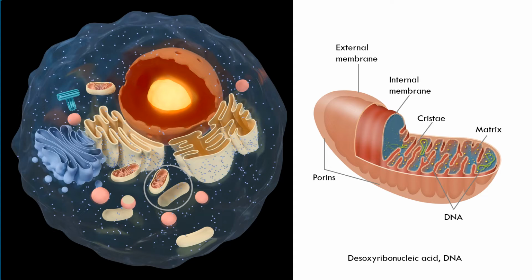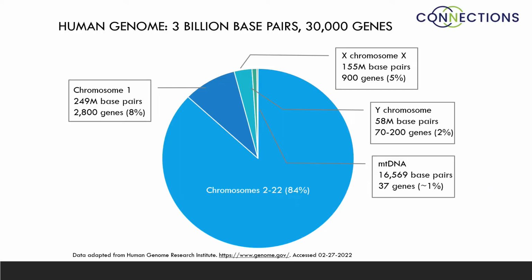In addition to nuclear DNA, we also have mitochondrial DNA. And as the name suggests, it is located within the mitochondria. Mitochondrial DNA constitutes a minuscule portion of the human genome, which comprises 3 billion nucleotide base pairs, or about 30,000 genes.